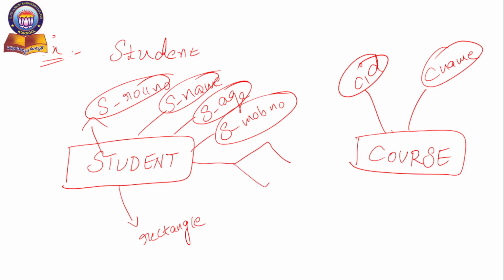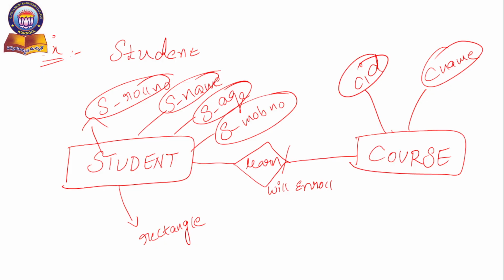That relationship is represented as a rhombus. So the student enrolls in the course. This is all about the ER model and how it is represented as a real-time diagram. Here we took the student and course example; these two are the entities.